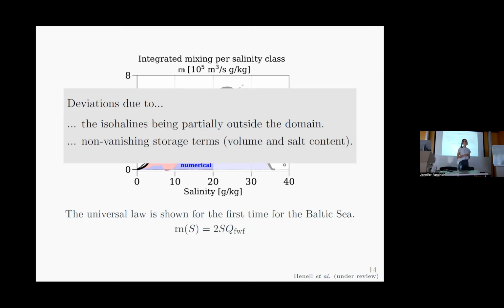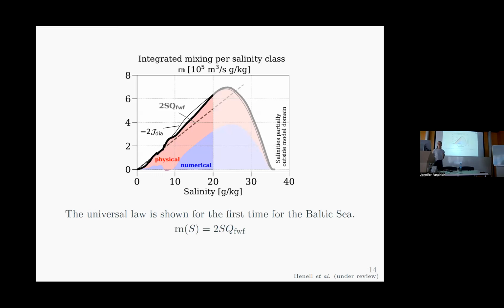The first part? Partially outside the model domain. Yes, so this is just sketched here, kind of blended out, since then you can't really compare the universal law and the calculated integrated mixing from our model run anymore, since they do not describe exactly the same thing anymore.